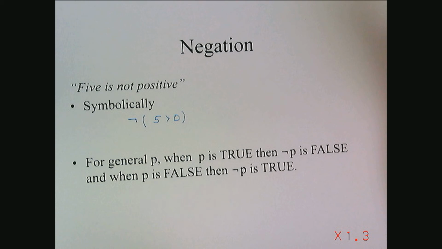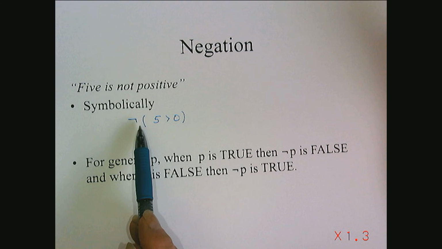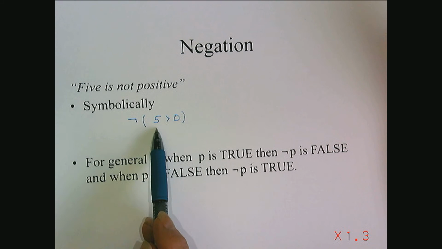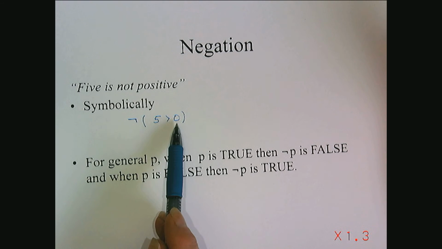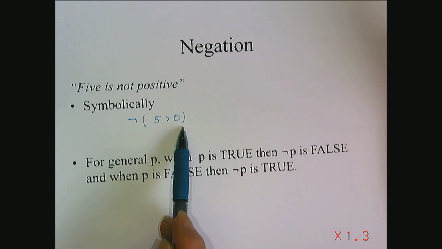Of course, we also know we could write that as 5 is less than or equal to 0. But symbolically, in form of a proposition, not 5 is greater than 0 is a proposition that is always false, because 5 is greater than 0. So this is false, or evaluated to false.